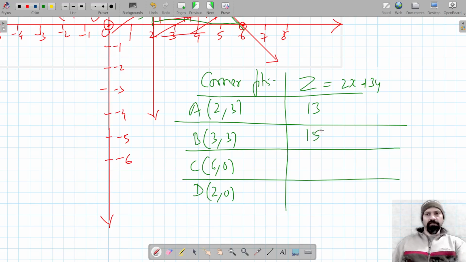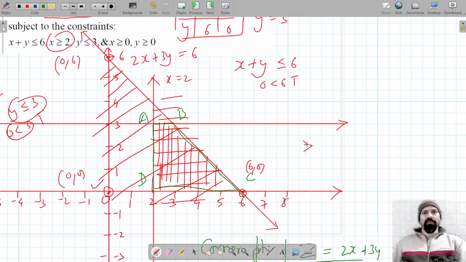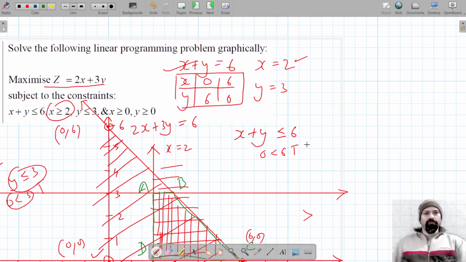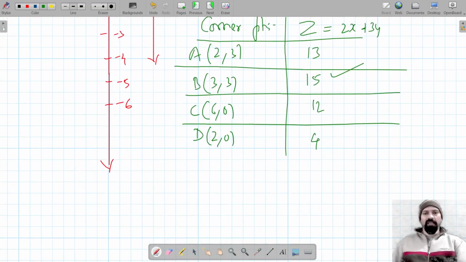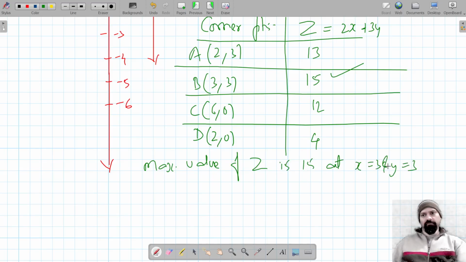So this is 13, this is 15, this is 12, and this is 4. The maximum value of z is 15, so we have to write that the maximum value of z is 15 at x is equal to 3 and y is equal to 3.